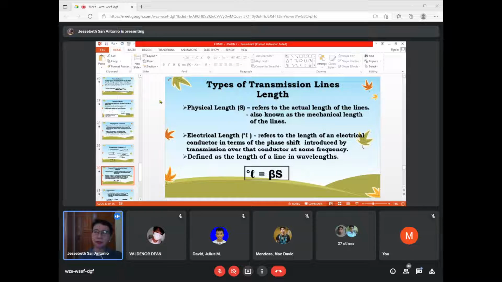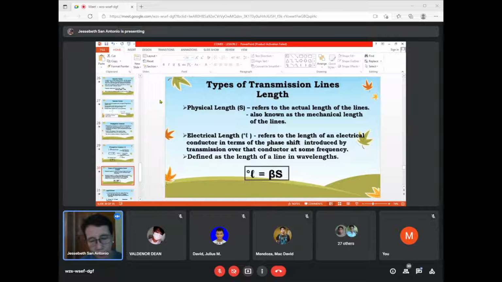Halimbawa, meron kang transmission lines na 100 metro. Eh di 100 meters is the physical length. The S is 100 meters. Or it is also known as the mechanical length of the line. So kung gaano kahaba, inches, meters, yards, feet, kilometers, yun ang unit ng physical length. Physical length haba talaga, yung haba.